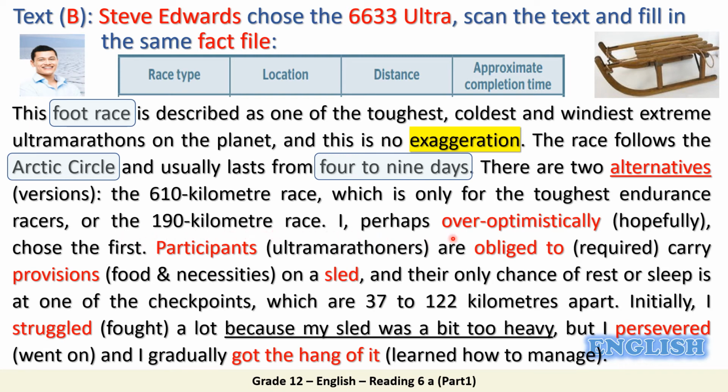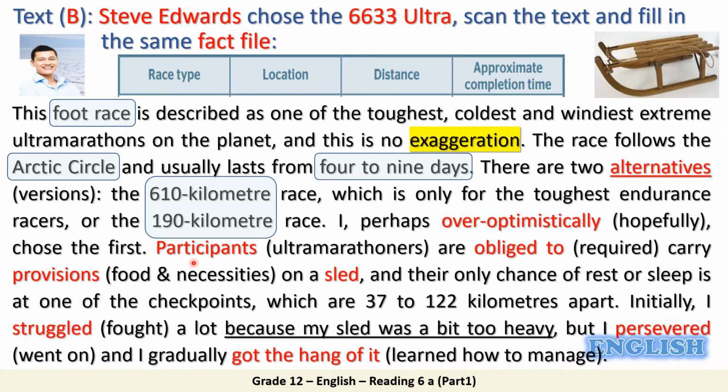I perhaps over optimistically. When you are optimistic, you are hopeful. Optimistically means hopefully. Over optimistically means that you are more than hopeful. Okay. I choose the first, so he chose the first one, right?